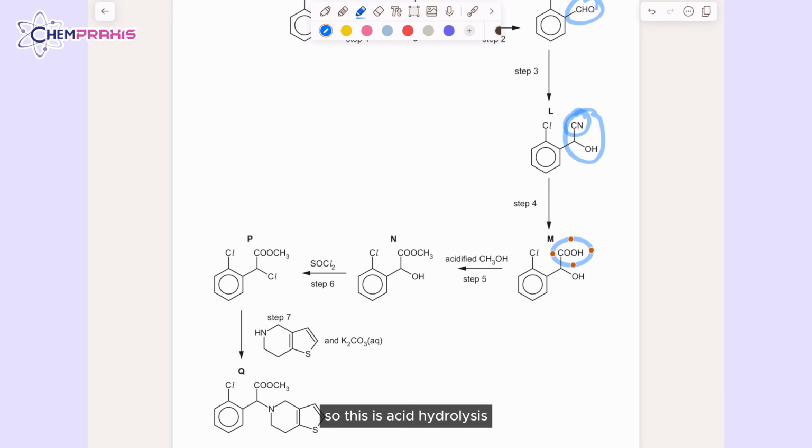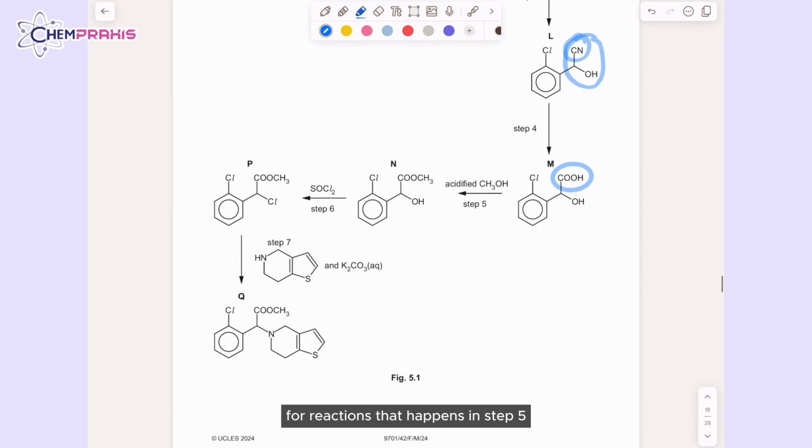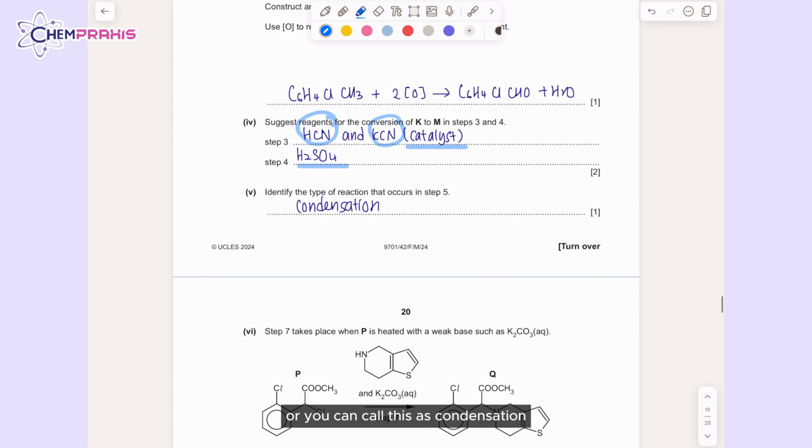This is acid hydrolysis, and for acid hydrolysis we need dilute acid or dilute H2SO4. For the reaction in step 5, I have CH3OH reacting with the carboxylic acid to form an ester. We call this esterification, or you can call this a condensation.